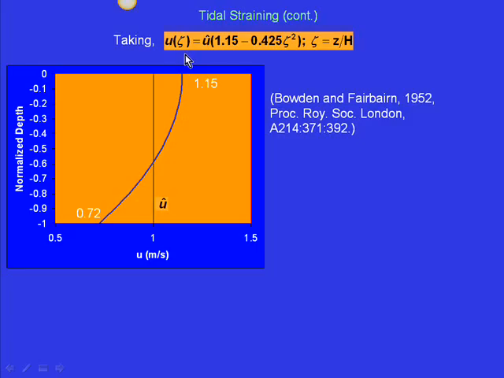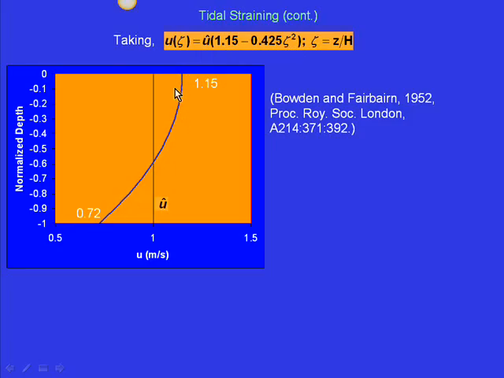So we can use a representation of U as a function of depth. Here, this zeta is a non-dimensional depth. It's z depth divided by the total water column depth. So notice that it's a parabolic profile because it depends on depth squared. So that profile looks something like that.